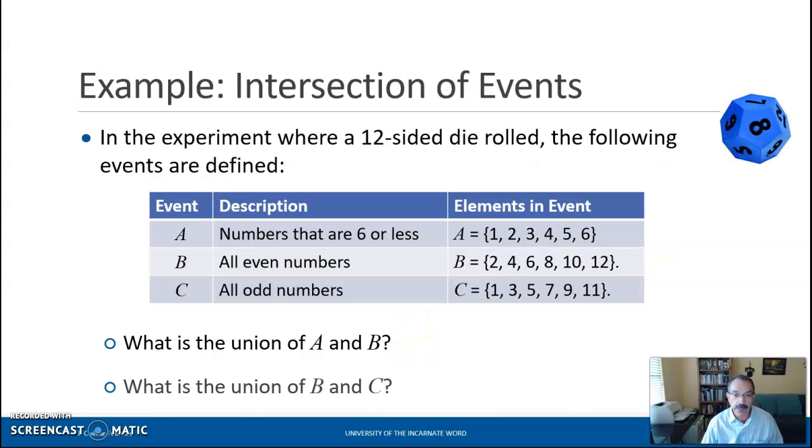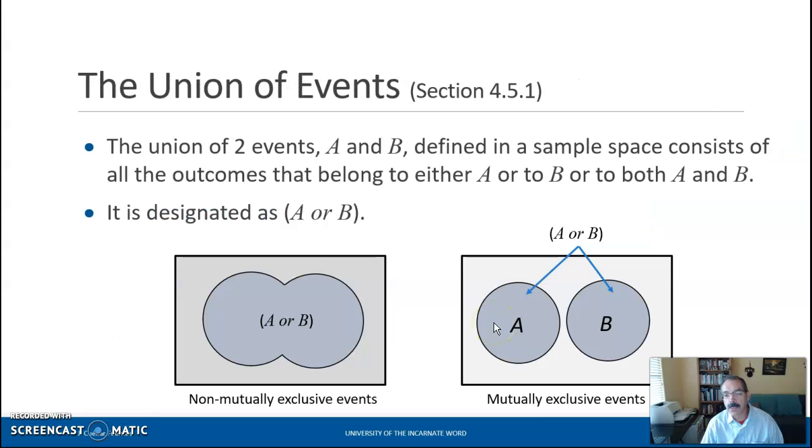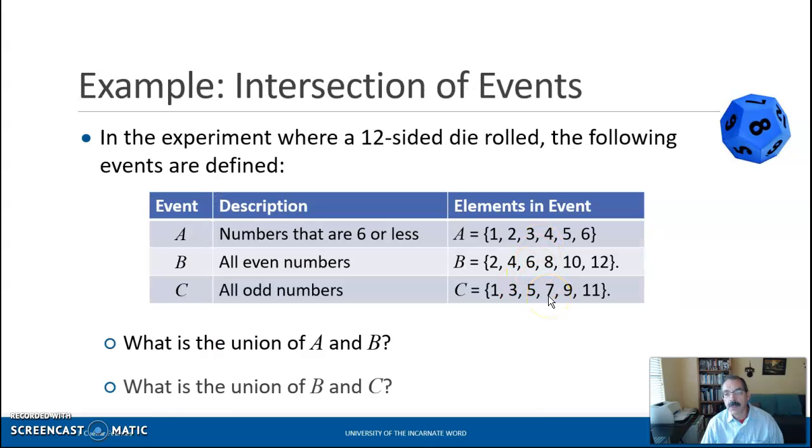And here is an example where we have, again, like before, the numbers of 6 or less, all even numbers, and all odd numbers. So what is the union of A and B? Well, these are all the elements in A or B. So in this case it will be 1, 2, 3, 4, 5, 6, 8, 10, and 12.